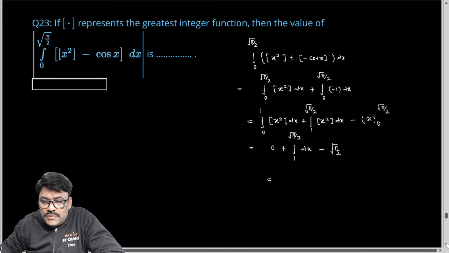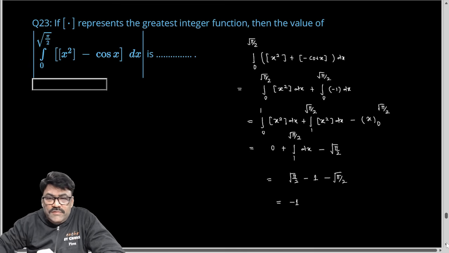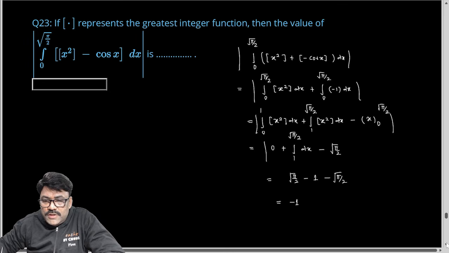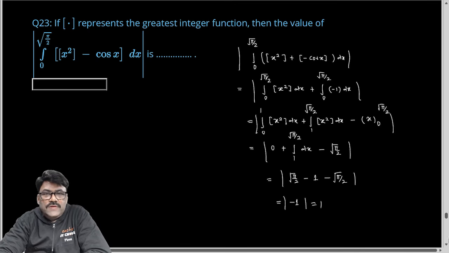Integration of dx is x, so upper limit root pi by 2, lower limit 1, minus root pi by 2. So it is minus 1. But as you can see, they are asking its absolute value, the mod value, so the mod value will be 1 only. Hence 1 is the correct answer, right?